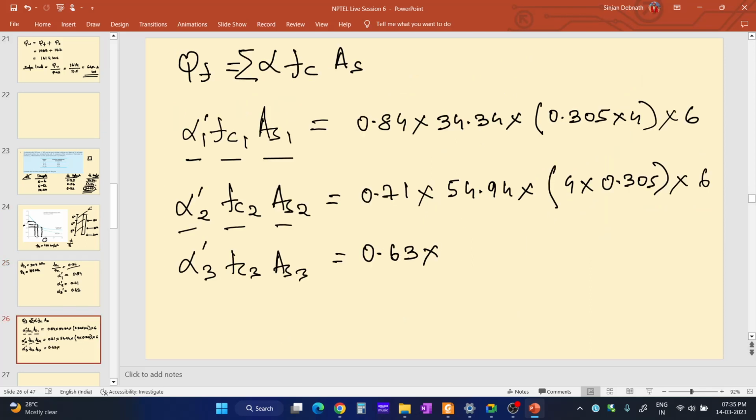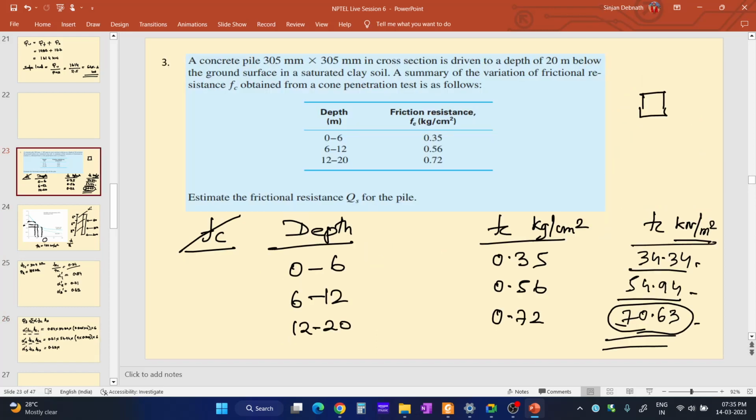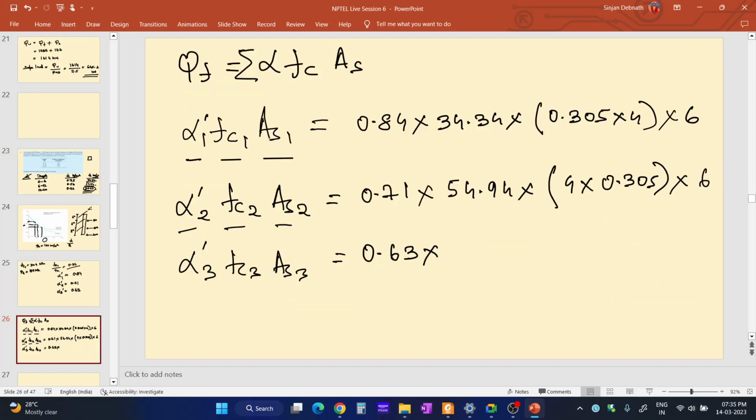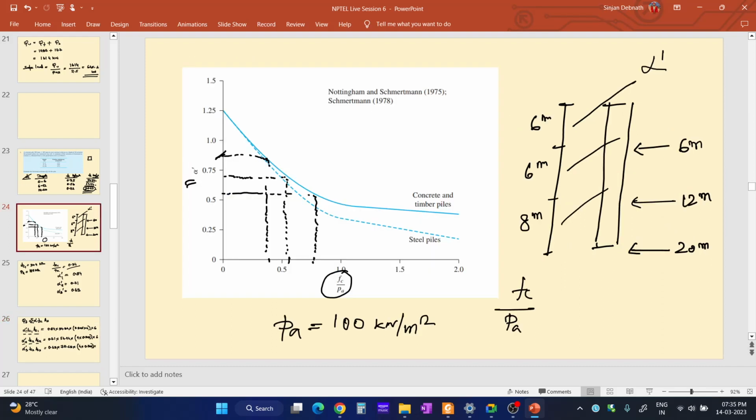FC3 is 70.63. The perimeter is 4 into 0.305 meter. And the length of the third segment is 8 meters.